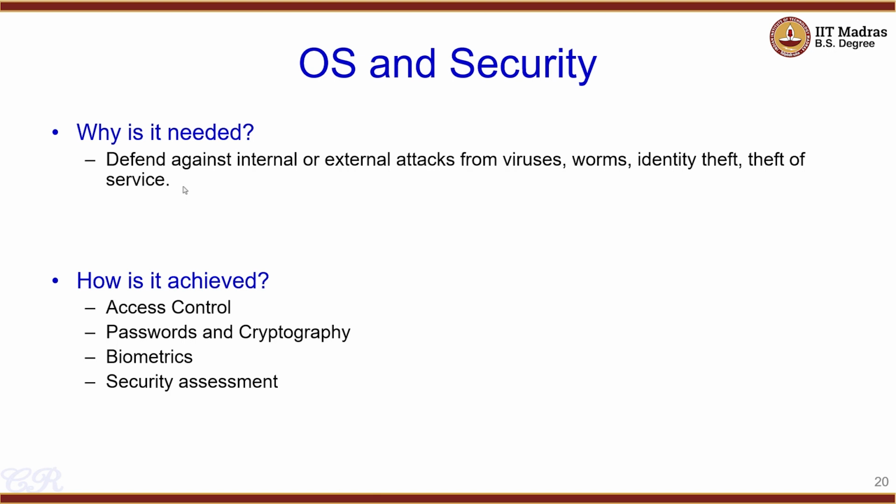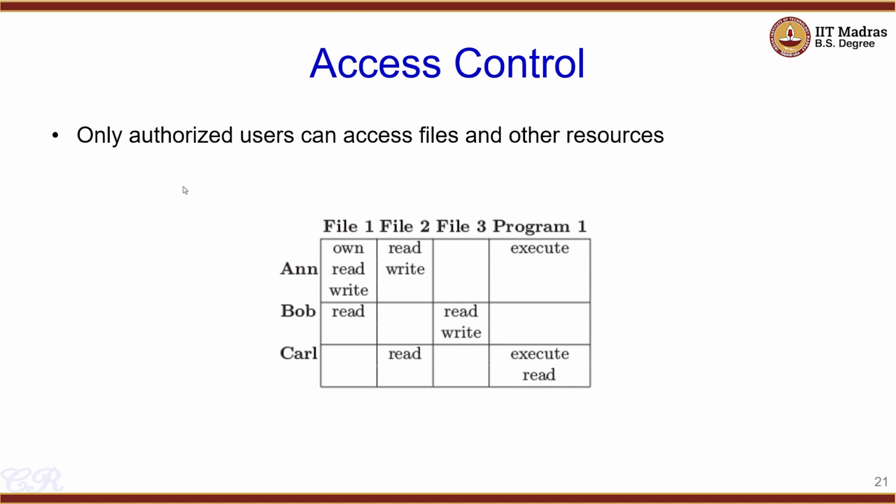So, here is an example of a very simple access control that is present on many operating systems, right. Let us say there are 3 users, Anne, Bob, and Carl, and there are multiple programs and files that are stored on the hard disk, right.